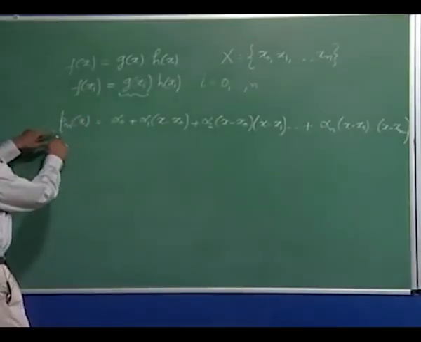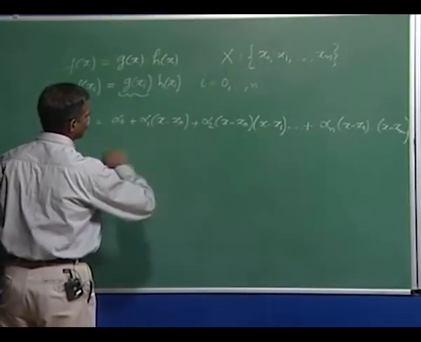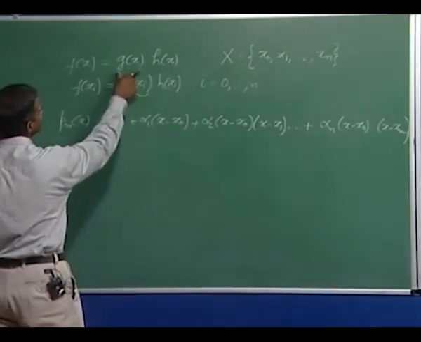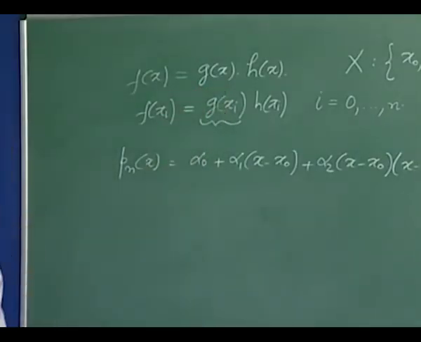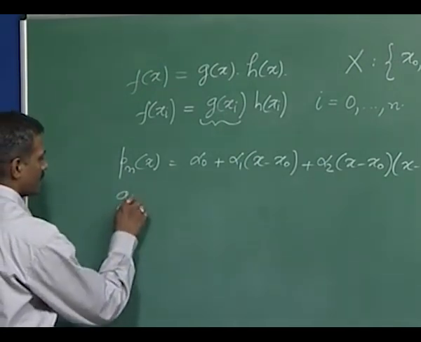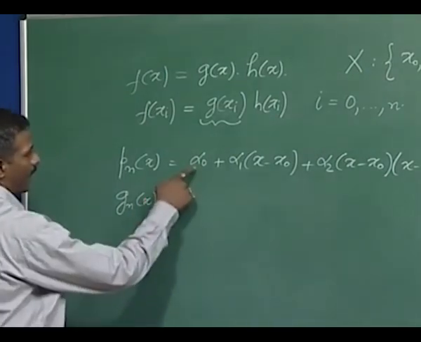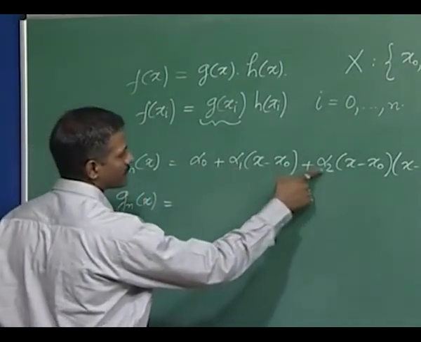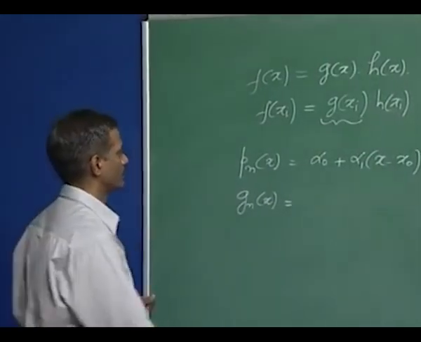Now let's express this result to represent g(x) as a polynomial of degree n. I'm going to be writing the divided differences directly as per the notations that we know.